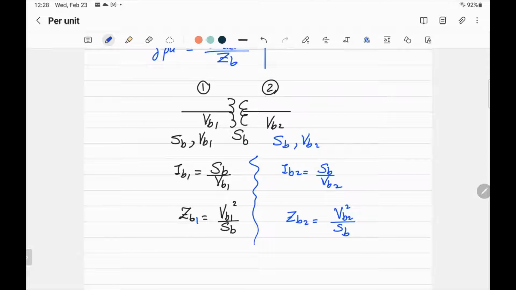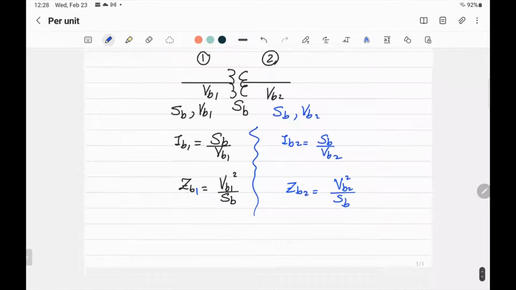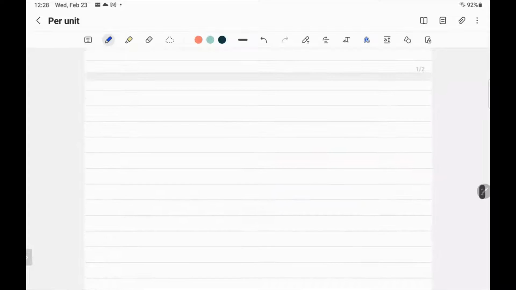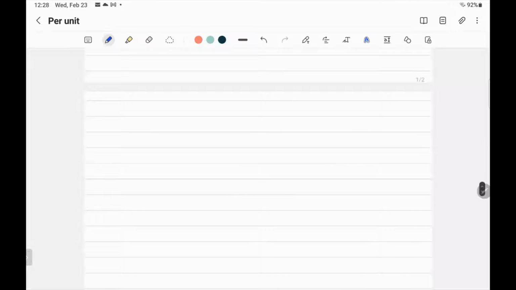Let's take an example for that. And here's the transformer. But before we go to the transformer, let's assume that we're going to solve the problem using the equivalent circuit. So usually you are going to have equivalent resistance and equivalent reactance.